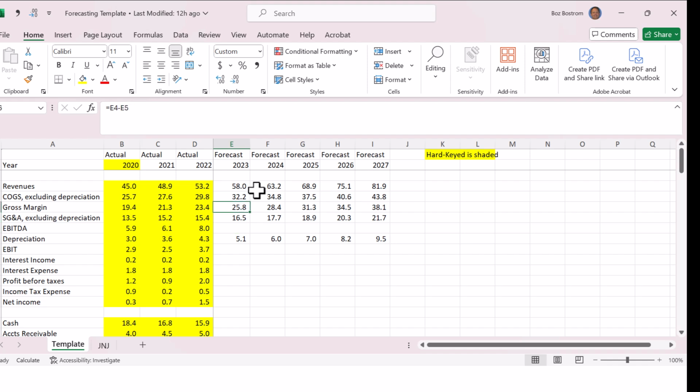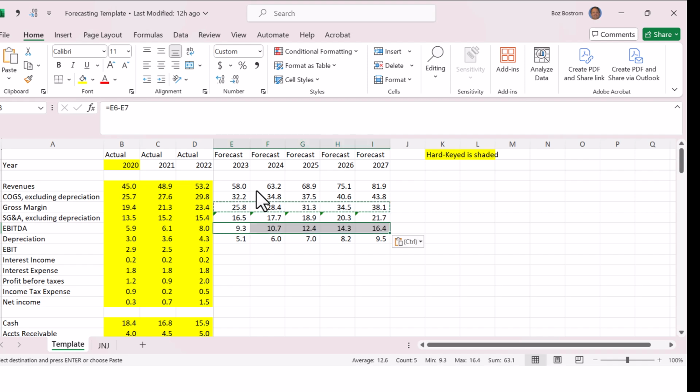And I wanted to show it to you because gross margin is E4 minus E5. So it's 2 cells above minus 1 cell above. When I go to EBITDA, that's also going to be 2 cells above minus 1 cell above. So what I'm saying here is I could just hit gross margin or highlight this right here. Hit a Control C on top of that.